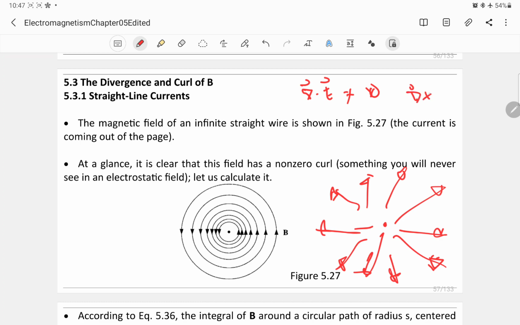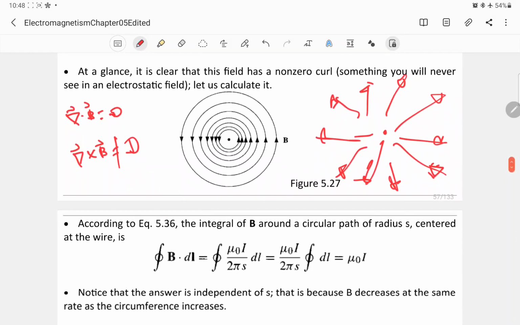But the curl of E is of course equal to 0, because it does not curl around the source. But for B, the divergence of B is equal to 0, but the curl is of course not equal to 0.